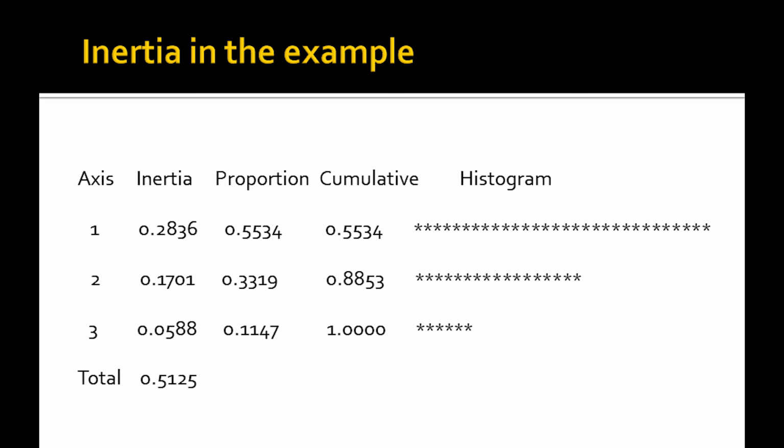The second one captures about 33% and the third one 11%. So the first two together capture 88% of the total inertia of 0.5125. Therefore, we can say that for this, a two-dimensional plot would give us a very good idea. So this is what we would be looking at.